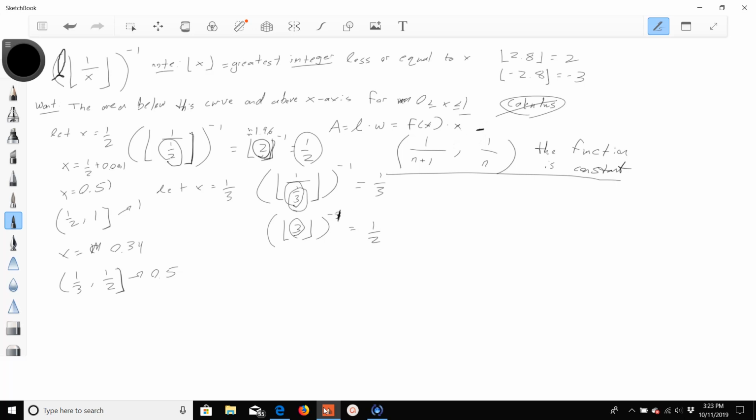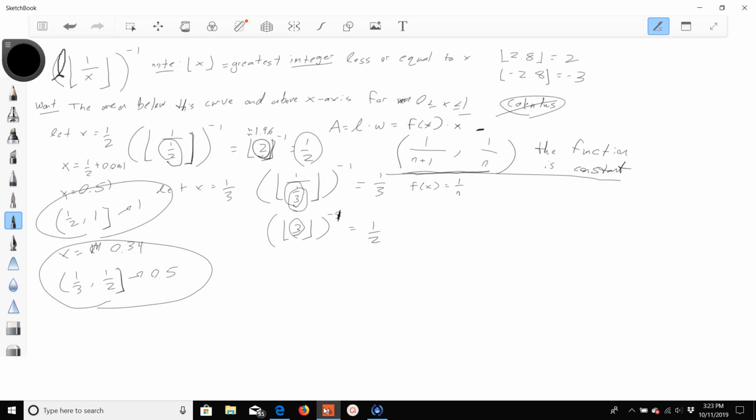So on this interval here, your height, f of x, is going to be 1 over n, like how I worked through it here and here, and if that doesn't make sense, just think about it some.